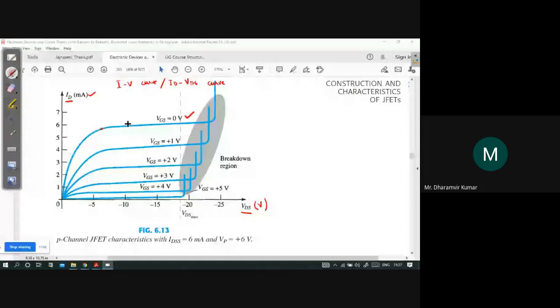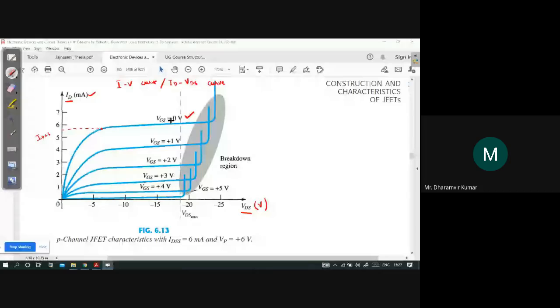It does not increase, or it increases by a very small magnitude. So for this curve when VGS is 0 voltage, this is the value of IDSS. And IDSS, as we know by the definition, is the maximum current that flows through the JFET when VGS is biased at 0 voltage.